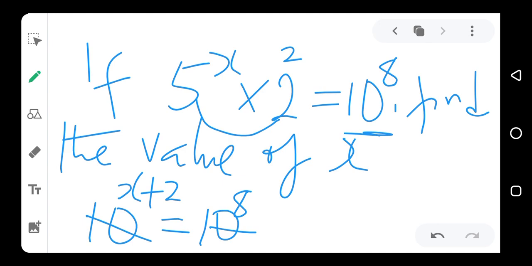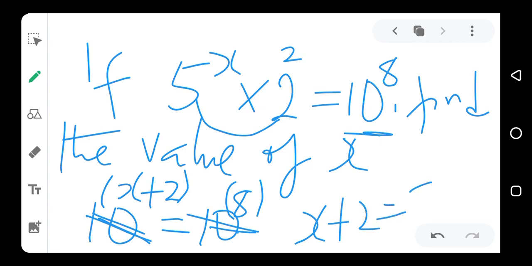So we have 10 here and we have 10 here. We cancel the two of them and then we say that what is here is equal to what is here. So it becomes x plus 2 is equal to 8.